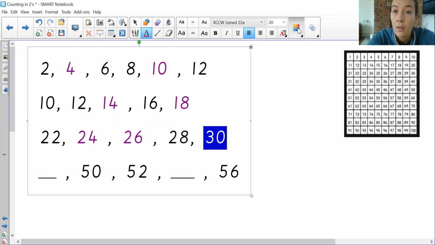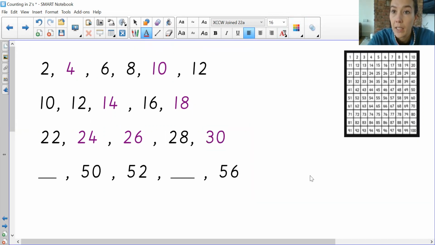Okay, final one. A little bit of a tricky one that I've put in here, because I've missed the first number off. There are a couple of ways that you could do this. You could count down 2 from 50, because you need to know the number before in your 2 sequence.